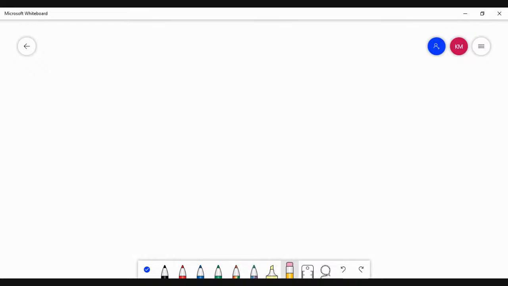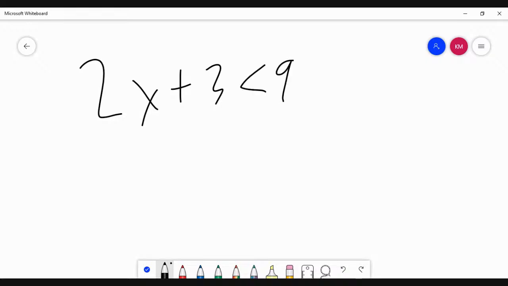Say for instance, you have 2x plus 3 is less than 9, or 3x minus 6 is greater than 12.